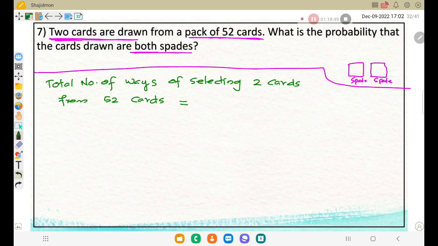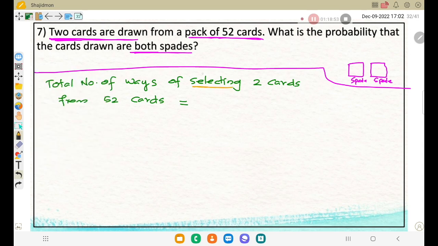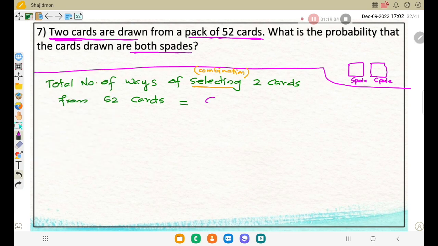Choose or select means combination. So 2 cards we are selecting from 52 cards. How many ways? Combination of 52, 2. Out of 52, 2 taken at a time. So this equals, you can check by calculator, 1326. We have studied this idea in module 3.